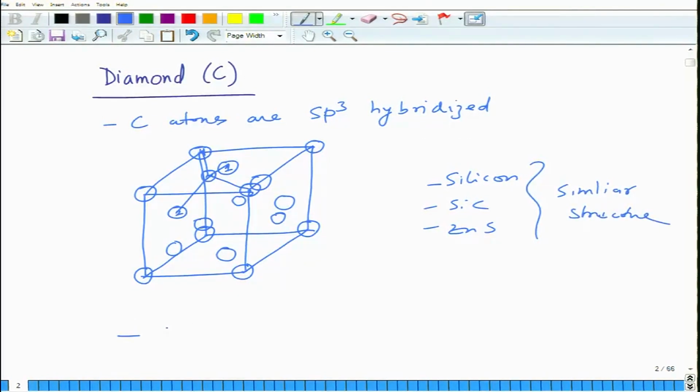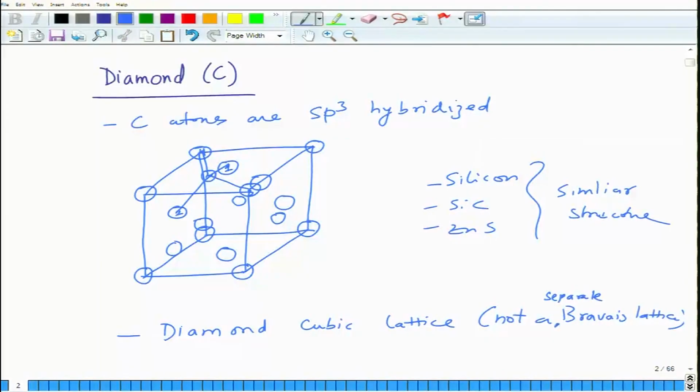You can say the structure is diamond cubic lattice, not a Bravais lattice, very important to remember, not a separate Bravais lattice. Basically the Bravais lattice is FCC with motif at 0 0 0 and 1/4 1/4 1/4.